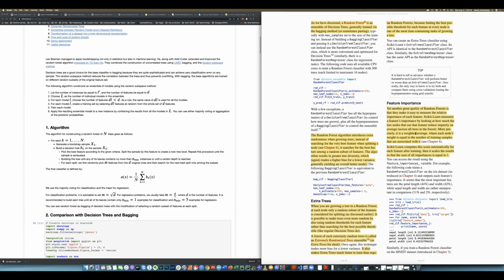So let's take a feature, right? Let's find all the nodes in the tree that use that feature to split on, and then see how much that feature reduced the impurity across all of those nodes, and then normalize this score across all of the features. That gives you the feature importance.